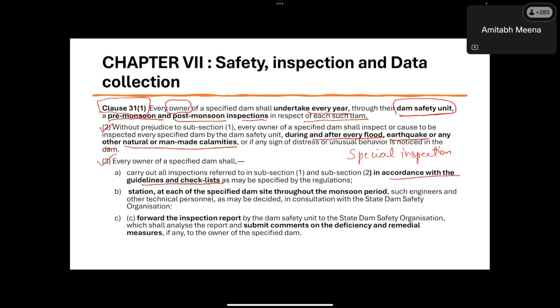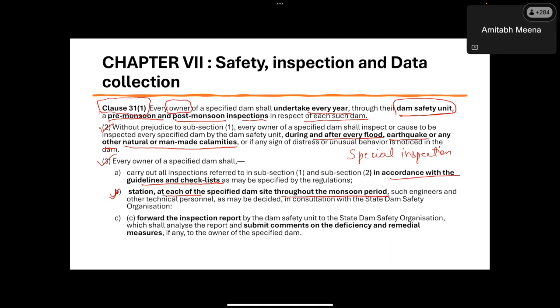And there is a very important provision here. It says that at each specified dam, throughout the monsoon period, an engineer should be stationed at the dam site.